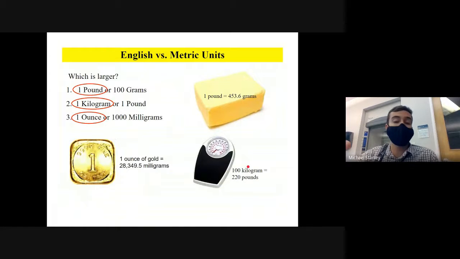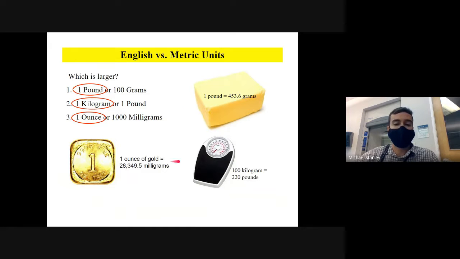So in our American system, we have things like pounds and ounces and tons if you get really, really big. On the metric side, we have things like grams and milligrams and kilograms. So again, same kind of system like in the meters where we have our grams, and then we also have kilograms, which are bigger, and milligrams, which are smaller.